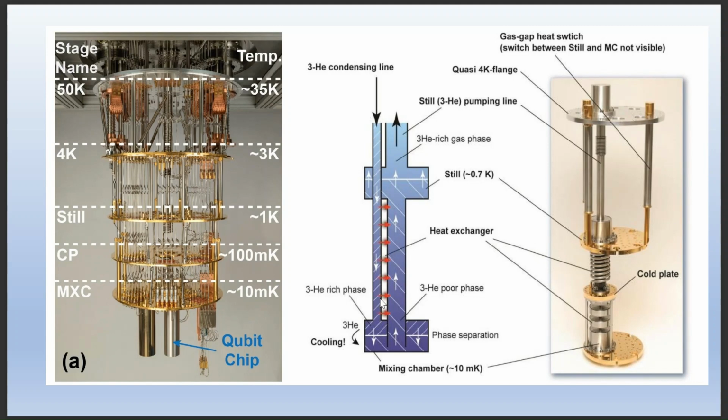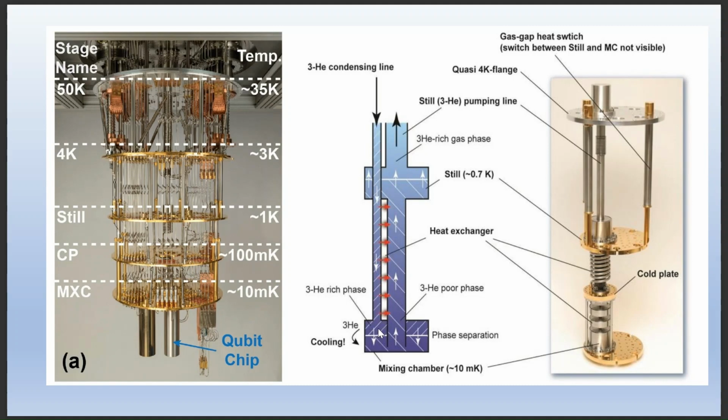When it goes down to this region, which is also called the mixing chamber, there are two phases of helium. The top of this liquid is helium-3 rich, and the bottom part is helium-4 rich, with 6.6% helium-3 inside the helium-4. This is at high pressure, and this is like a very narrow wire through which we introduce the helium-3 and helium-4 mixture.